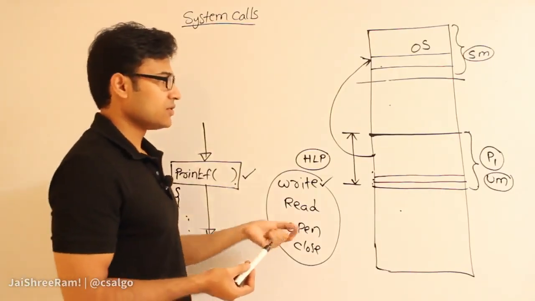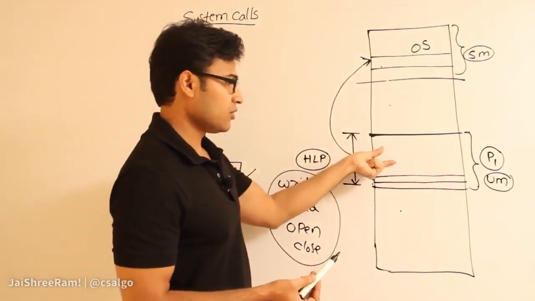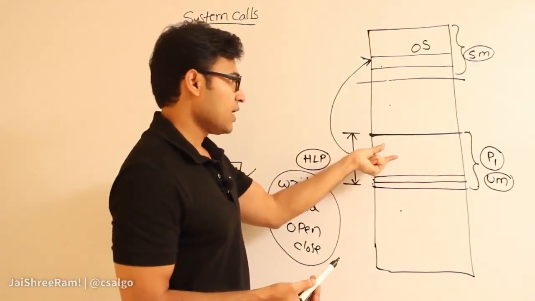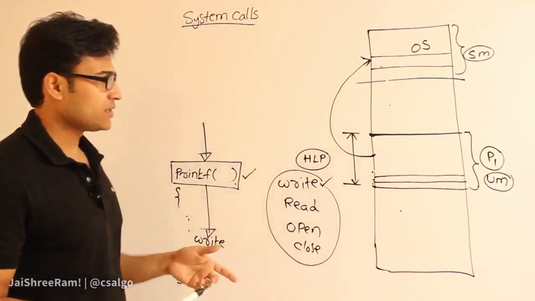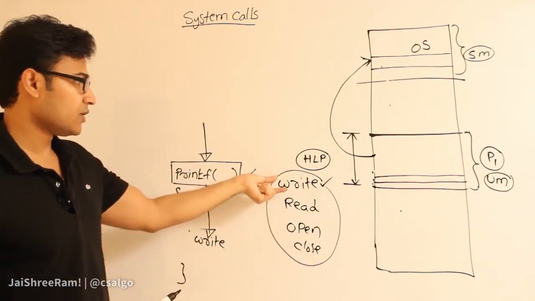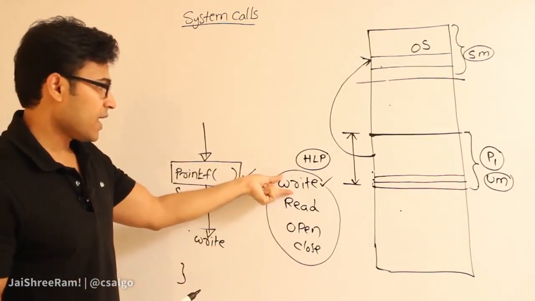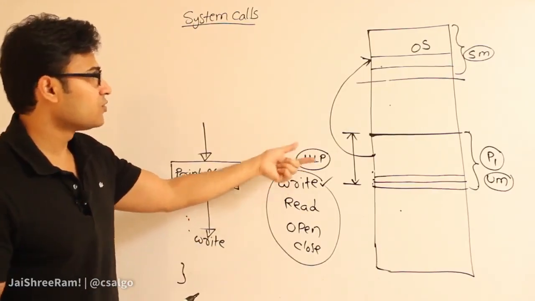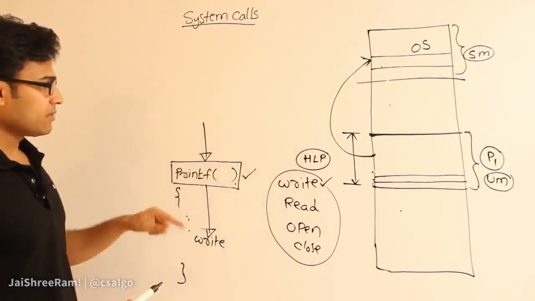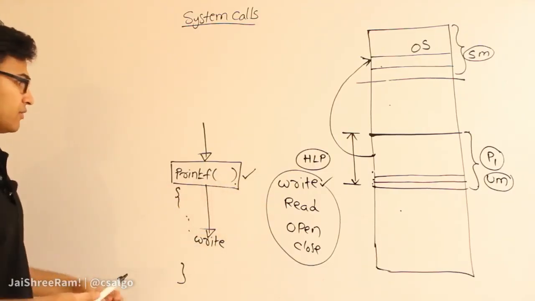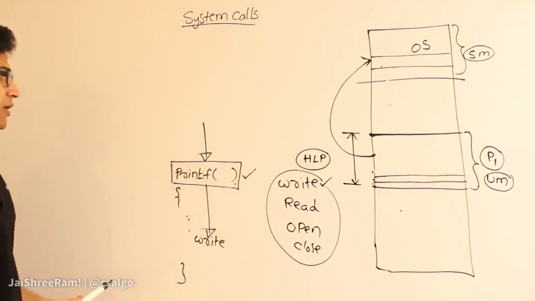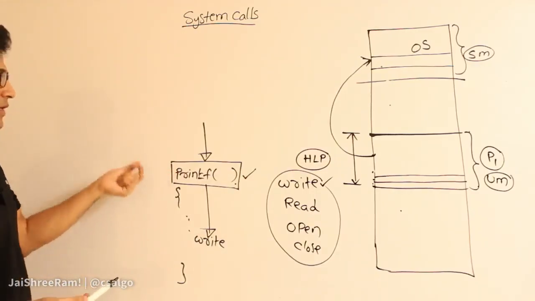Some systems use assembly language instructions, so you are supposed to include those instructions and automatically it will be called. Some higher level languages have the facility of including higher level language instructions which lead to a system call. In C we can directly write and read, or directly call printf or scanf, something like this.